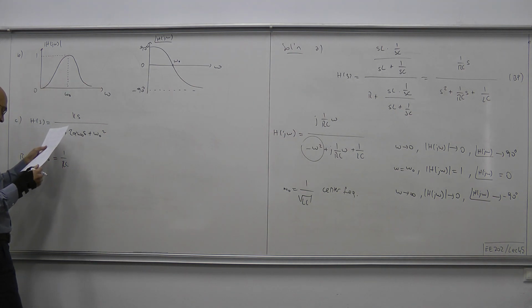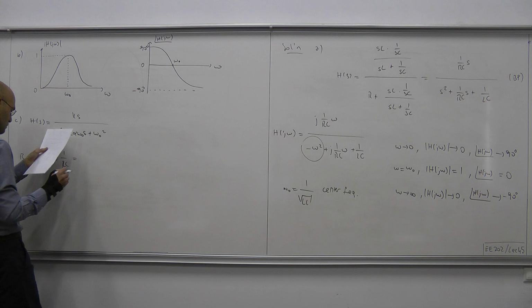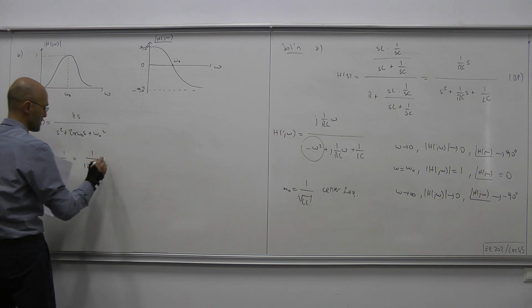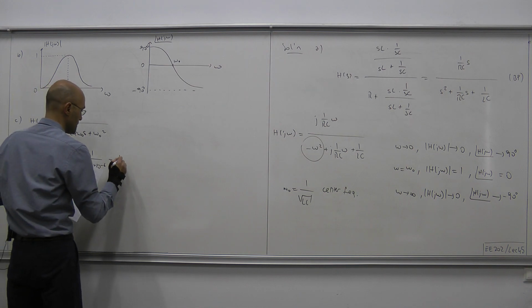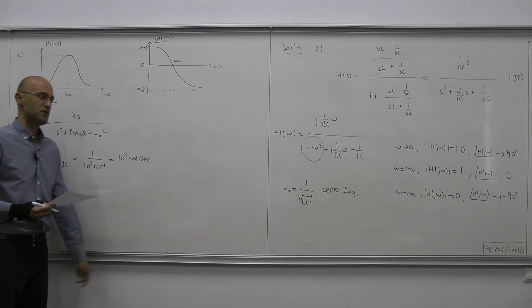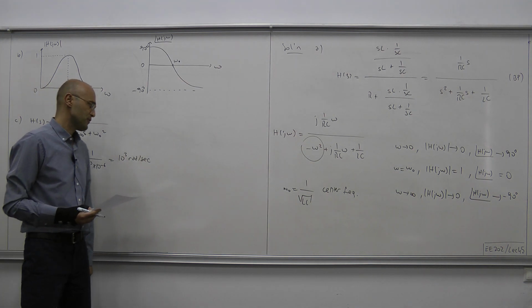For given R and C values, that equals 1 over 10 to the 3 times 10 to the minus 6, and that's 1000 radians per second. So that's the bandwidth of our bandpass filter.